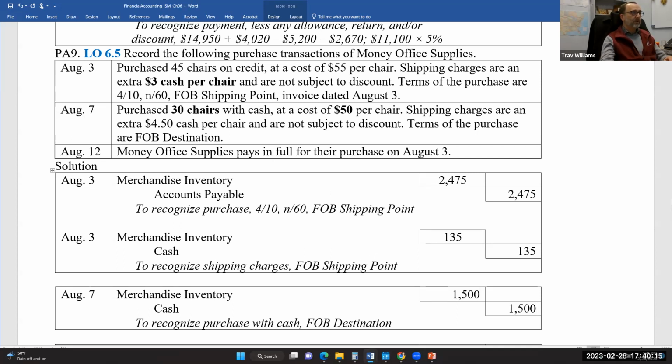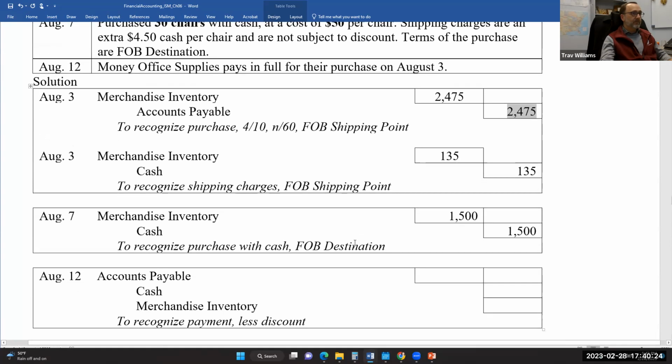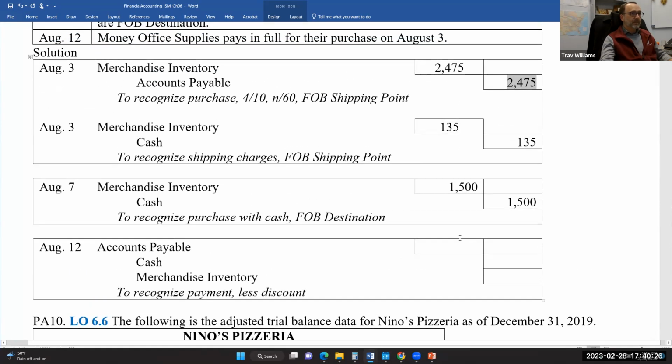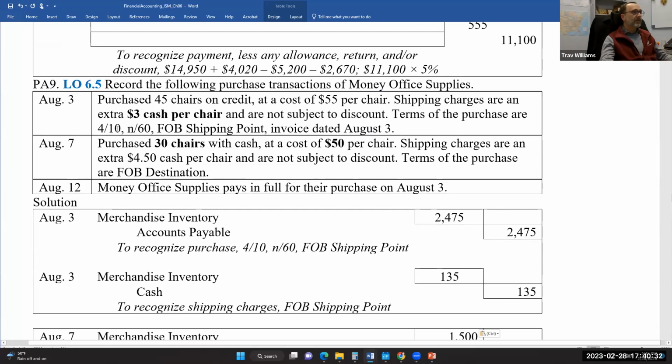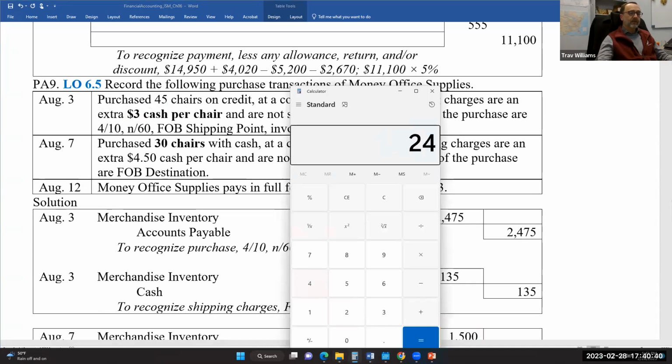Then we pay for our August 3rd purchase, okay? So we're gonna have to pay this $2,475. Okay, looks like we're getting a discount. We had 10 days to pay. We paid within that window, so we get a 4% discount. 2,475 times 4%.